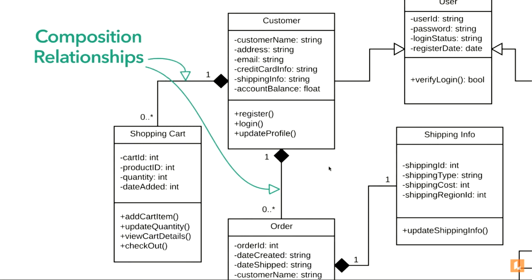Let's read this. First read this and tell me. What does this mean? The 1 that I circled. Read this. Tell me. Order has only one customer. Yes. Okay. How do you have to read?